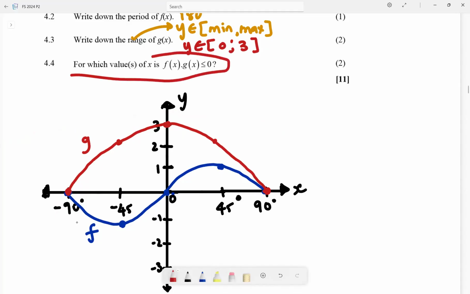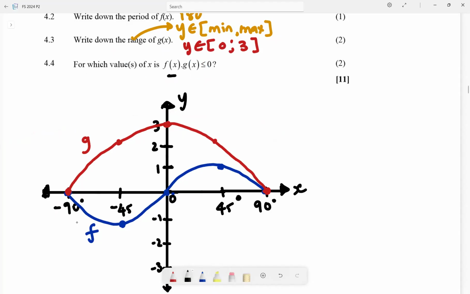For which values of x will f of x multiplied by g of x be less than or equal to 0? Now, these questions are interesting. They mean now, when I multiply the y value of f and multiply by the y value of g, it will give me less than or equal to 0.